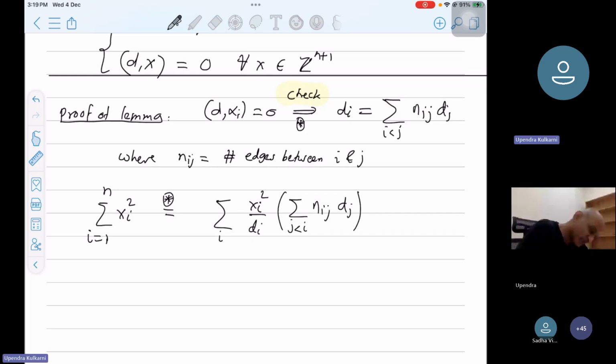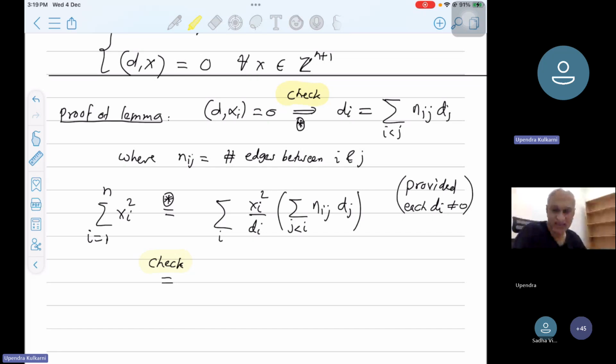So first, provided each di is non-zero. This is something that we do have to prove, which we will come back to later. Then the next calculation, which is check, which we will do in the tutorial, but I will just write down. This is just plain algebra.